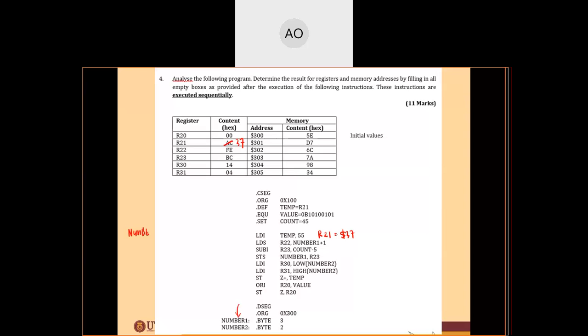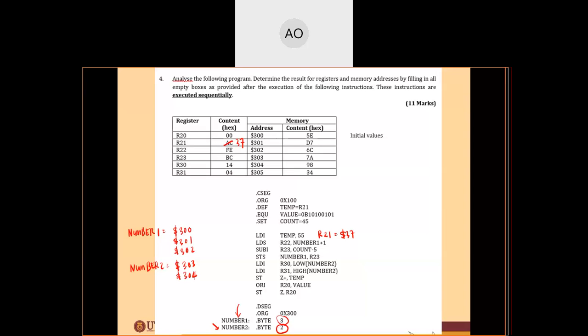Number 1 reserve dekat address 300, 301 and 302. Why? Because you reserve how many byte? 3 byte kat situ. Okay, and then follow by my number 2. Okay, so starting at address 303 and then address 304. Why? Because you reserve 2 byte dekat number 2.